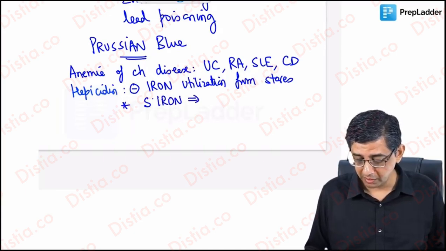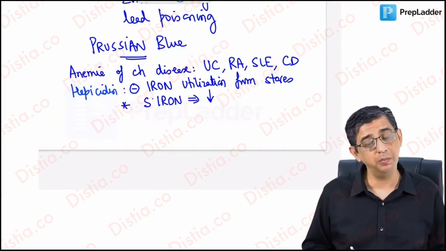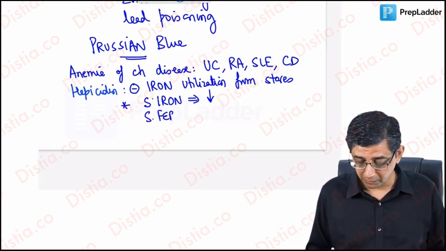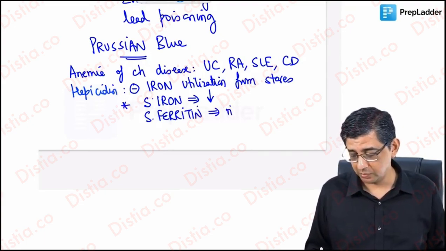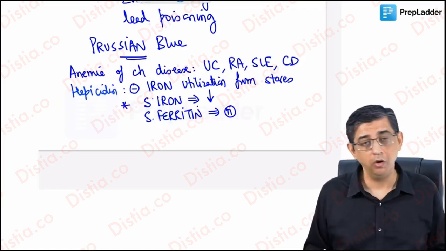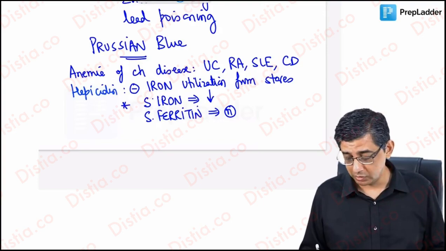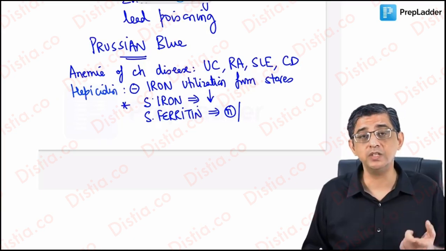So serum iron in the body of these patients will be lesser. Why lesser? Because it's not going to be able to come out. Therefore the stores will remain unutilized. I repeat, the stores, the serum ferritin, will remain unutilized. So there are two possibilities: either they will remain normal, or, because he's eating food that also contains iron, the stores are getting an input but no output. Ingress is there but egress is not.